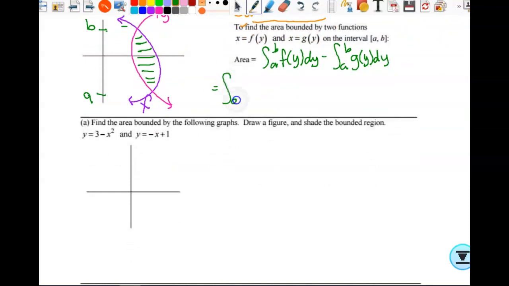That's the integral from A to B of f of y minus g of y dy, which is the integral from A to B of the right minus the left.